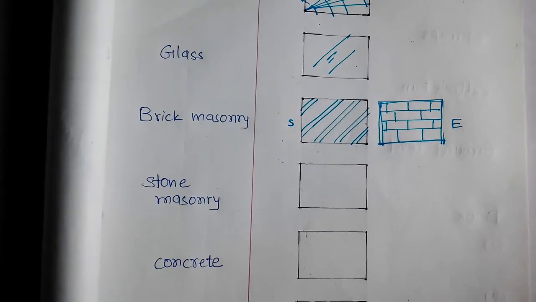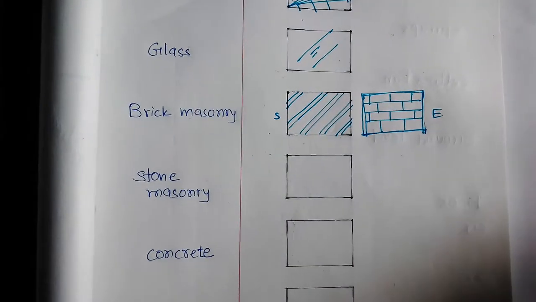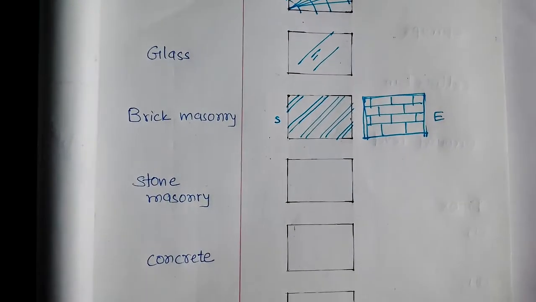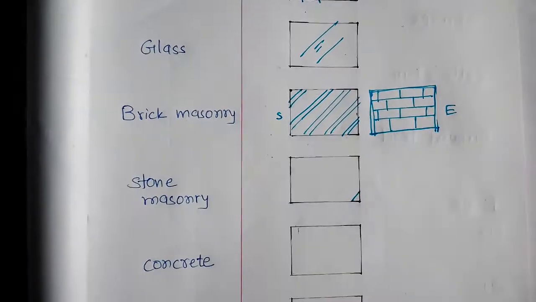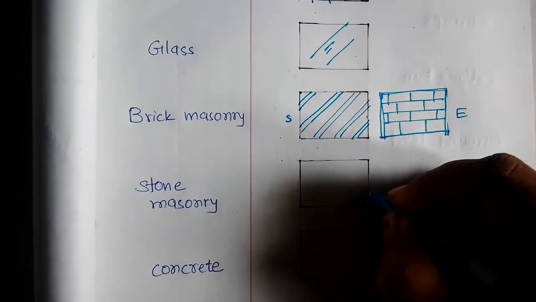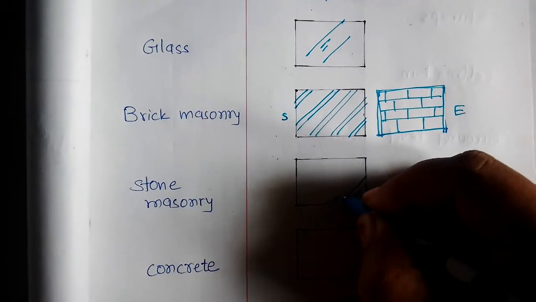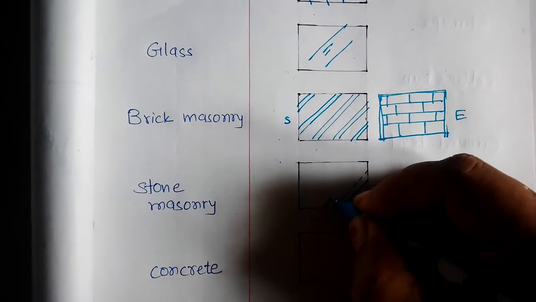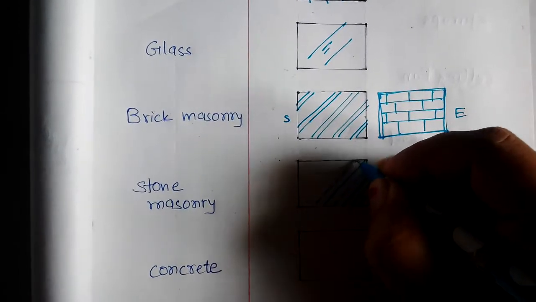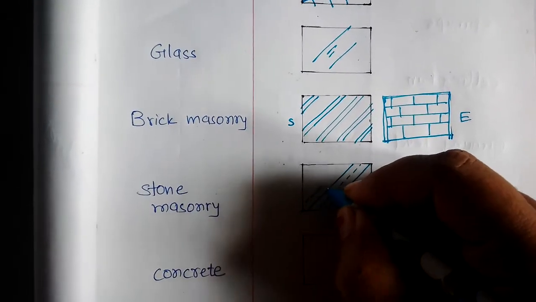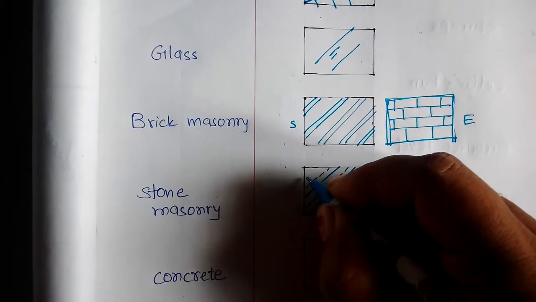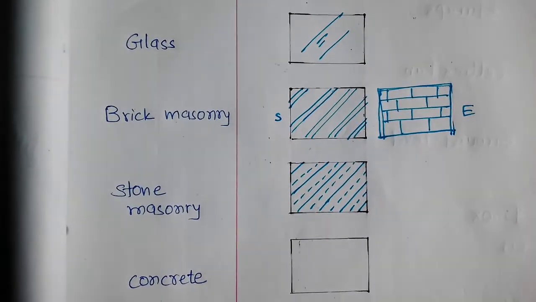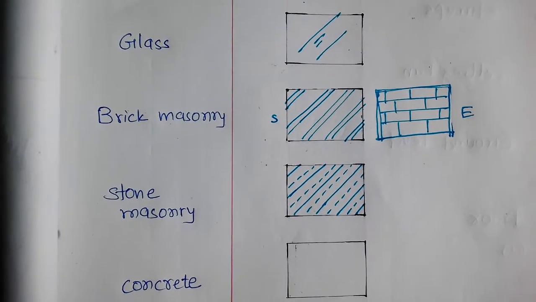Now for the stone masonry: one full line, dotted line, full line, dotted line, full line, then dotted line. This procedure repeats till we reach the end of this rectangular box.